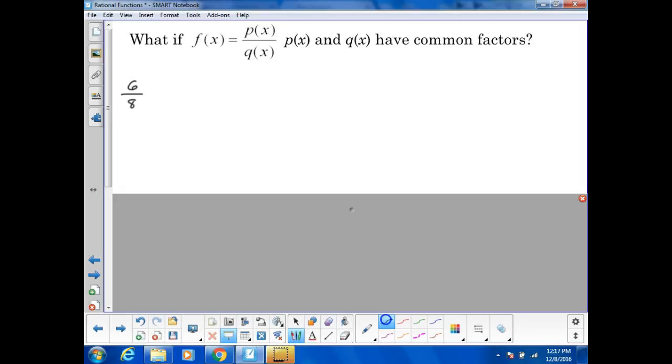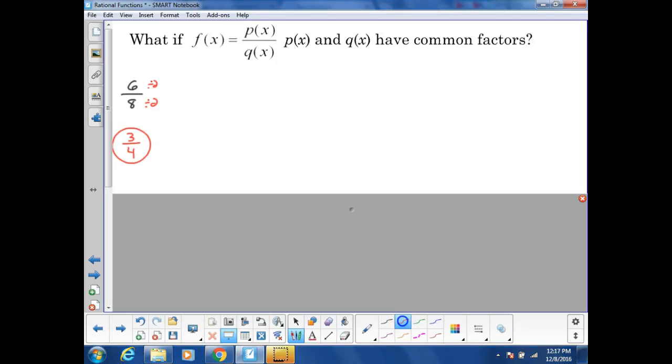No, why not? Divide both top and bottom by 2, right? So I could divide up here by 2 and divide down here by 2, and then that gives me 3/4, right? And it's simplified. It's reduced, whichever one you want to call it.